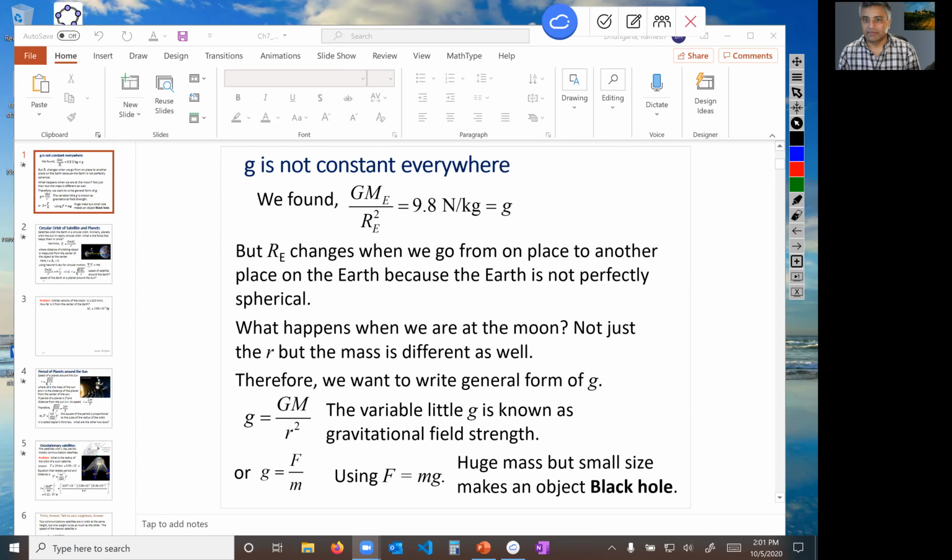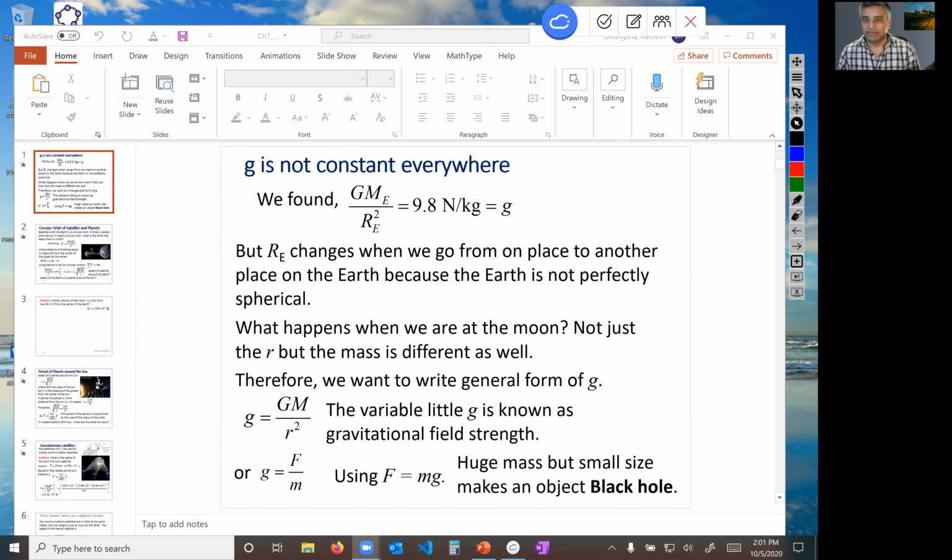So if you go to a larger mass object, like planet Jupiter, the largest planet in our solar system, and drop this, the value of g is larger, so its falling rate is going to be larger than 9.8 meters per second squared, okay?